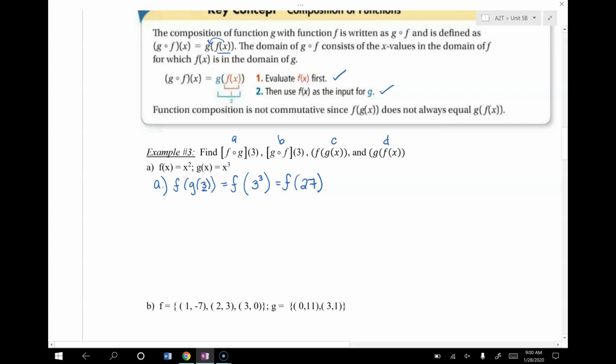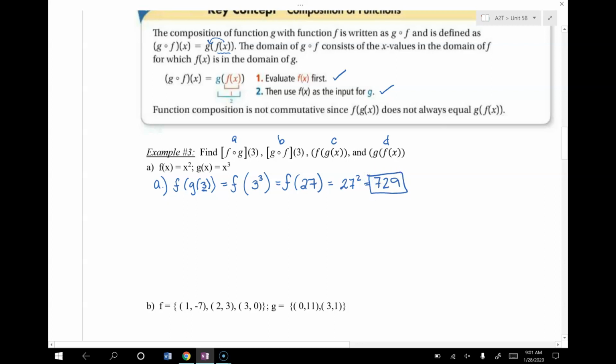Now, f of 27, we know 27 is going to substitute in for x. f of x is x squared, so we get 27 squared. And I am not a human calculator, despite what many of you would hope. You're probably disappointed. Totally okay. So if I square that, I get 729.